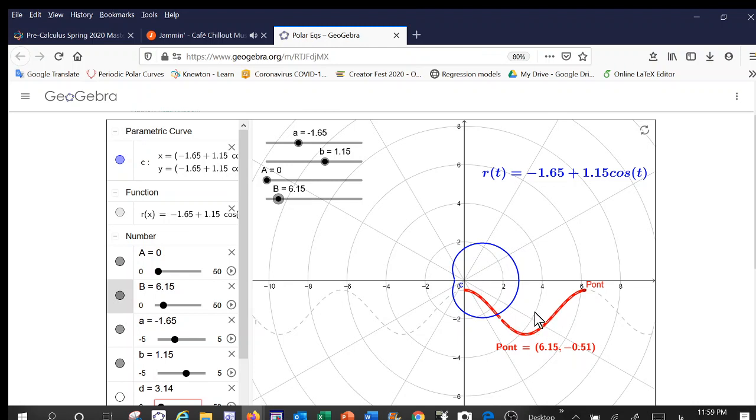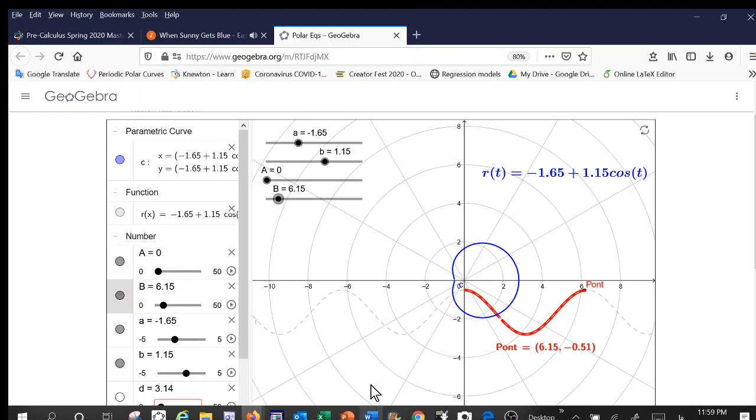And later, in engineering calculus, you learn about Fourier series and transformations. You're going to learn how we can convert a graph like this to a rotation like this. That comes later. But for now, you just have to understand this connection between rectangular and polar, okay?